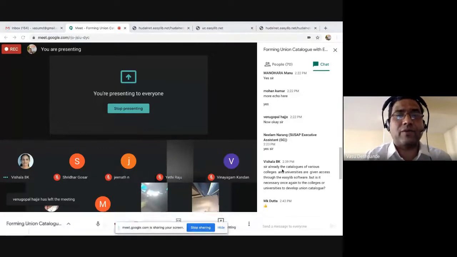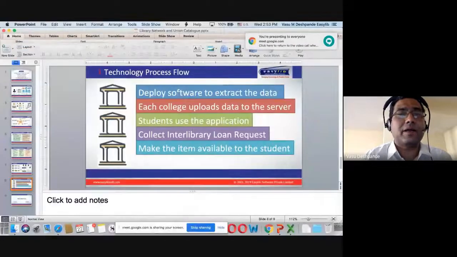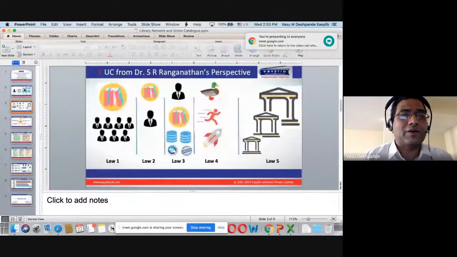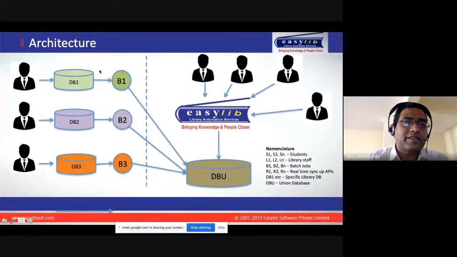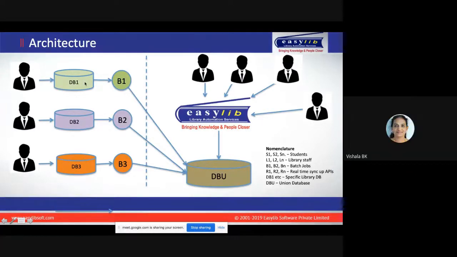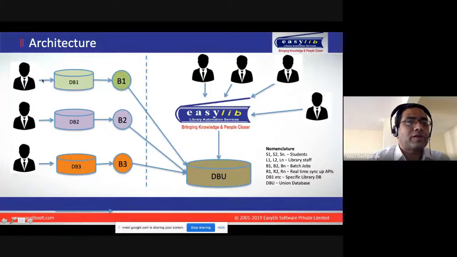Let me go over to the PPT. Let's say this is the St. Agnes College group, this is Father Muller, and this is Nitte. All St. Agnes students have access to St. Agnes data. But now one of your students wants to read a book on, let's say, medical topics.